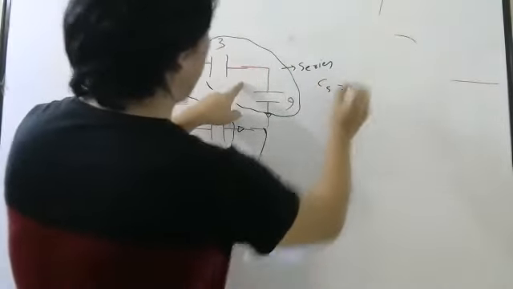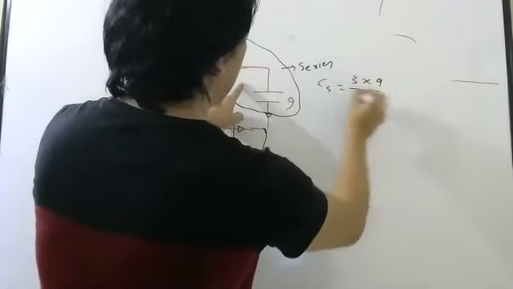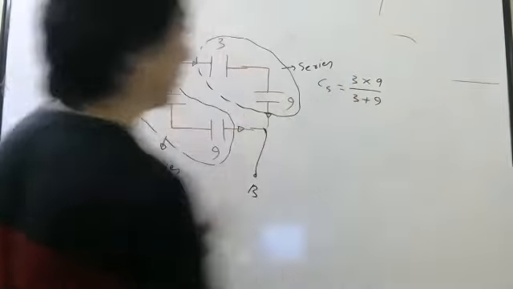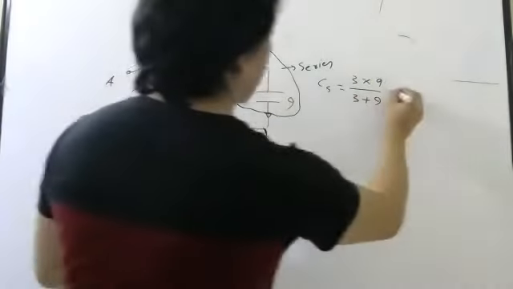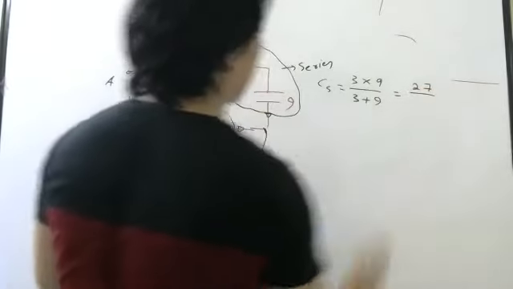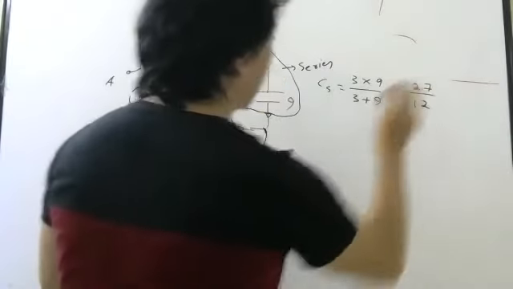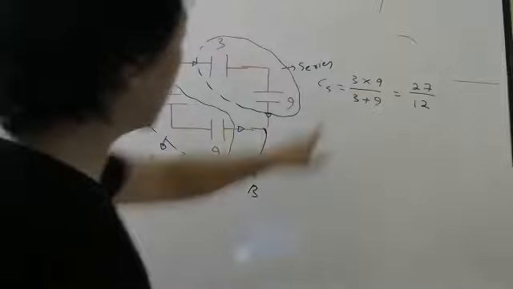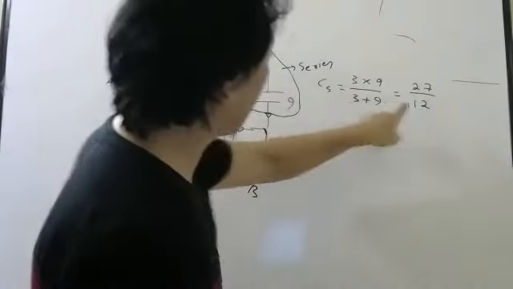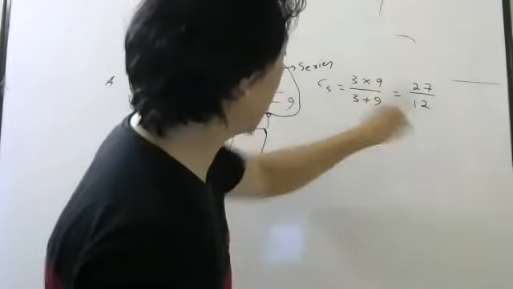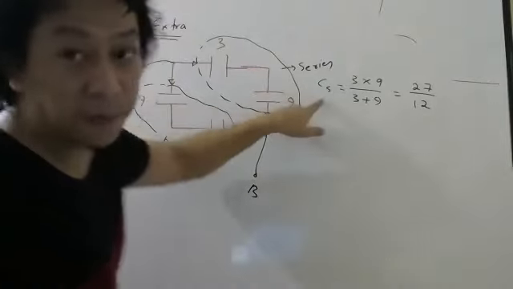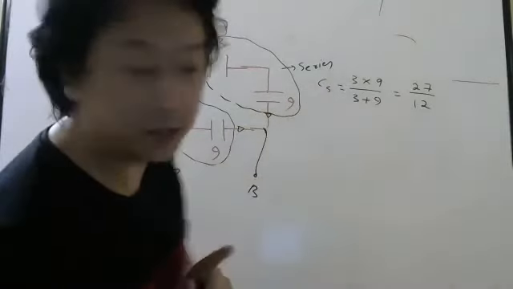CS will be 3 into 9 by 3 plus 9. Yes or no? 27 by 12. So numbers are not coming very nicely, but this will have some capacitance which will be 27 by 12. Which formula I applied? C1 C2 by C1 plus C2.